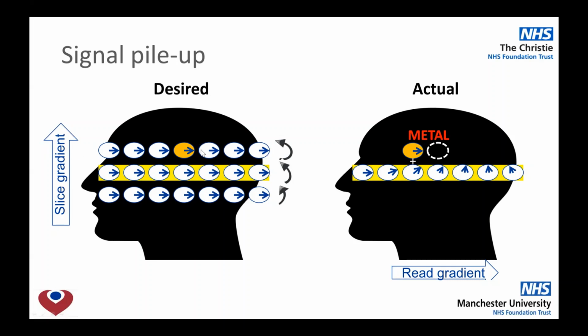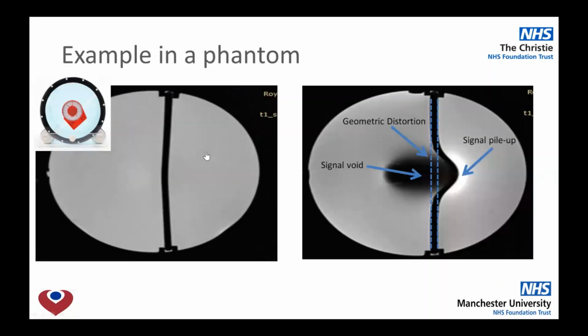Because they existed at a different location in the slice encode gradient, they will also be spatially misregistered in the final image. And this will lead to a significant pileup of signal. For example, in this gigantic pixel here, we'll have spin information from both this spin and the extra one that's being mapped into the plane, and this will result in a signal pileup.